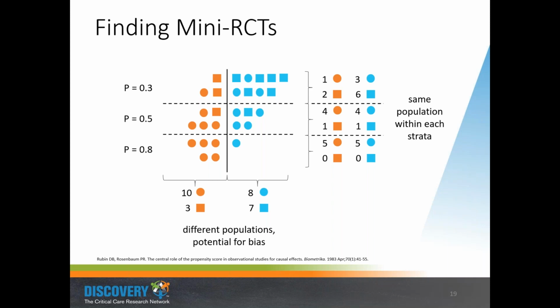But if you stratify by these buckets of the probability of having been treated, then you get populations within those buckets that are the same, at least in the ratios. So for that low probability treatment group, the way this looks is that if you're a square, you're less likely to have gotten the treatment, right? And so this top stratum has more squares in it.